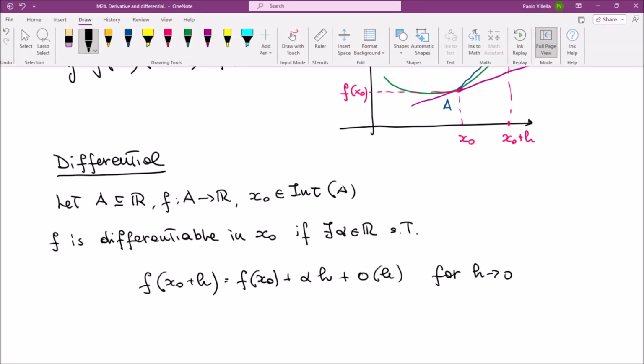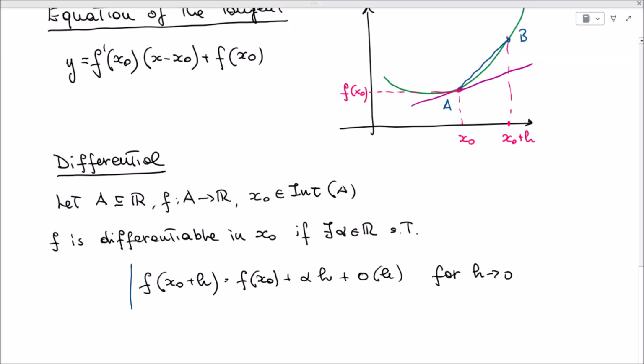So this is the definition of differentiable function.